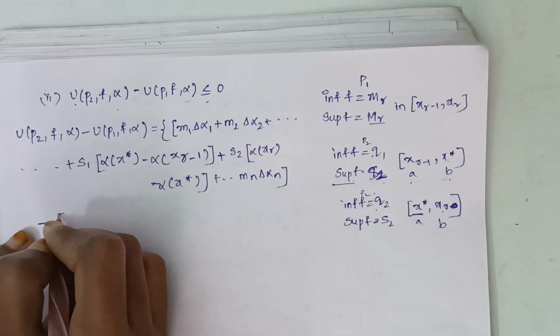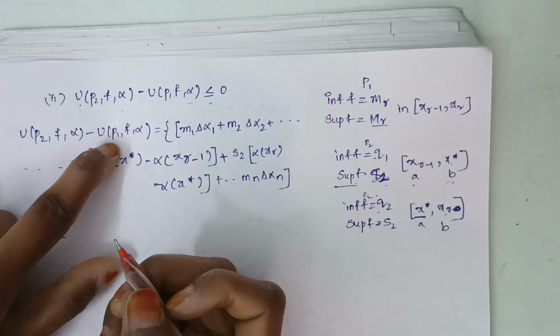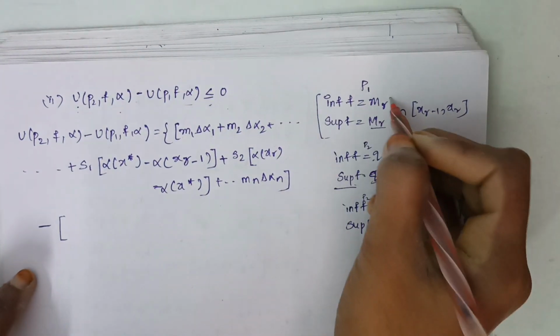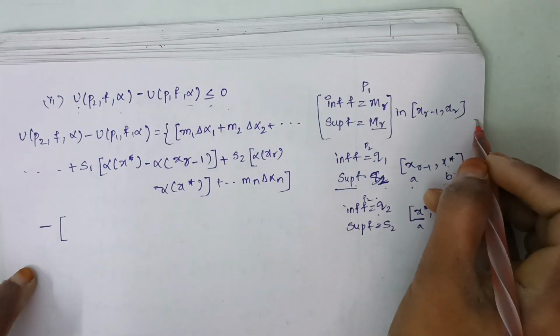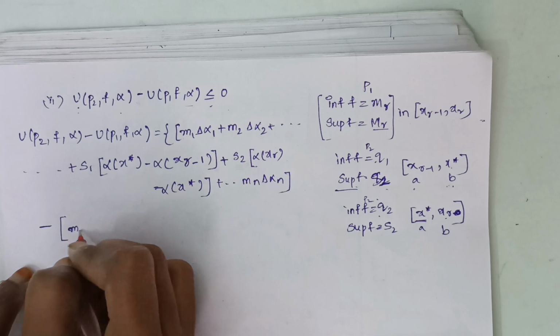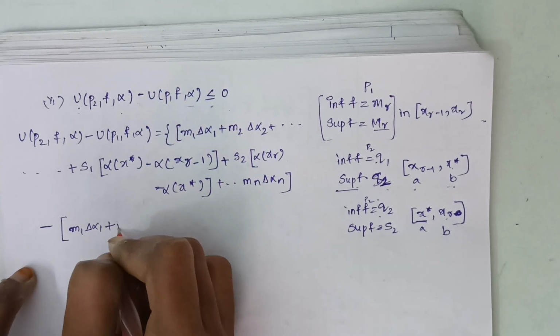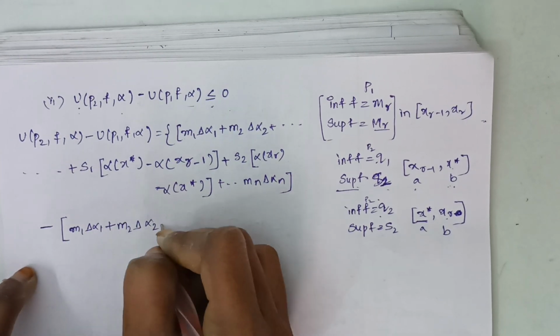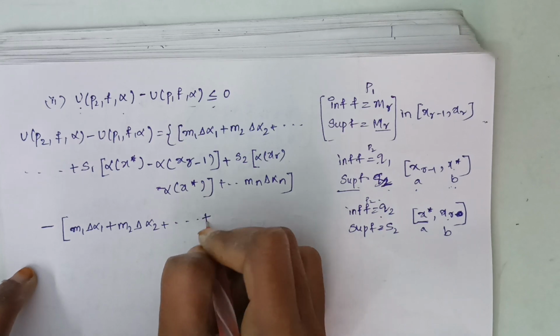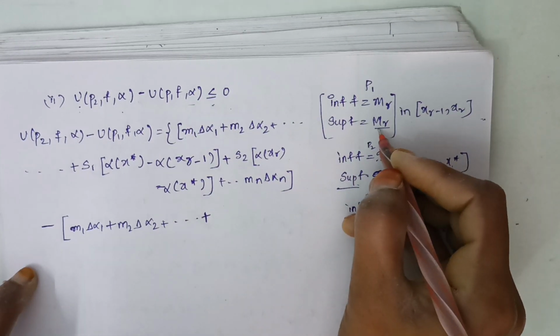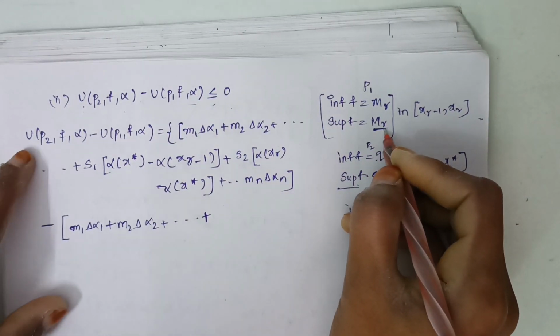Now minus, we are in partition P1, which is taken from the partition P1, and M1 delta alpha 1 plus M2 delta alpha 2 plus so on, capital MR, upper RS sum.